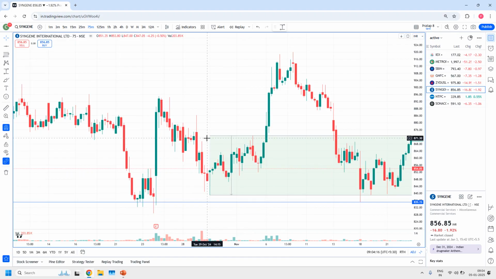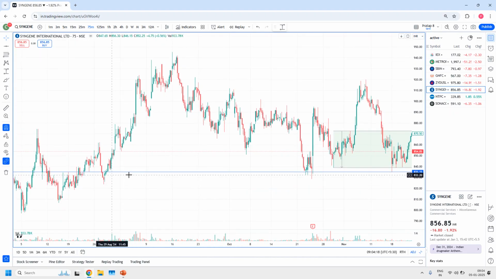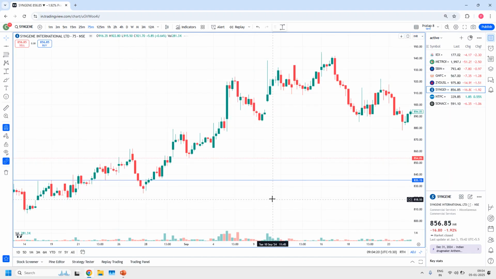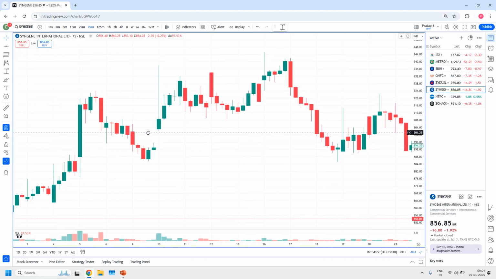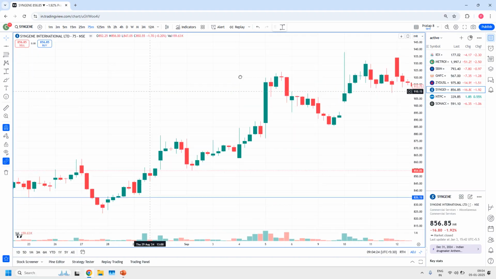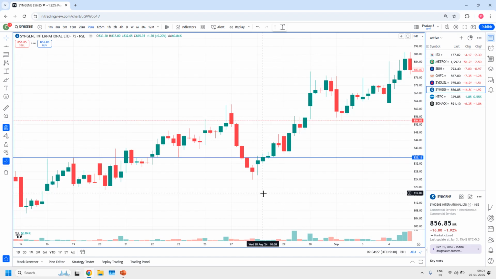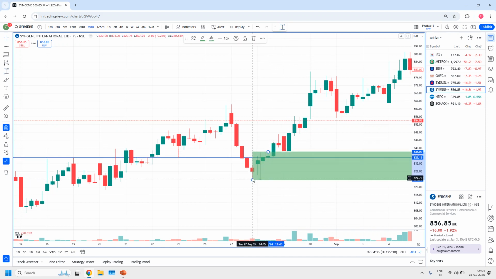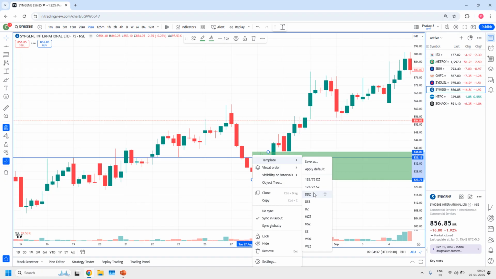Actually, the origin is coming from here. Here we have a zone. This is the one. We have a drop candle, 1, 2, 3, 4 base candles, rally candle. This is the actual origin. This is the 75 minutes demand zone.